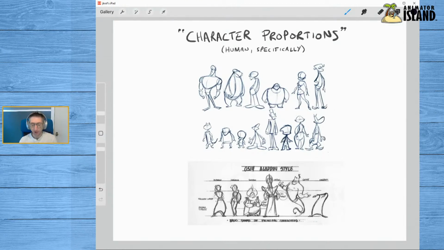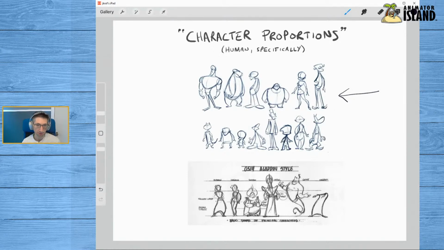If you look at the characters at the top of the screen here, and even the bottom ones, but we'll get to them in a second, this set of characters at the top have a variety of different proportions. But the thing that the artist was trying to convey here is shape design, shape appeal.